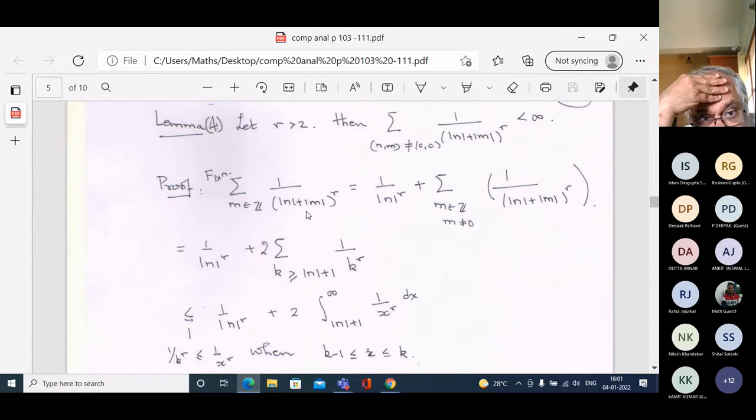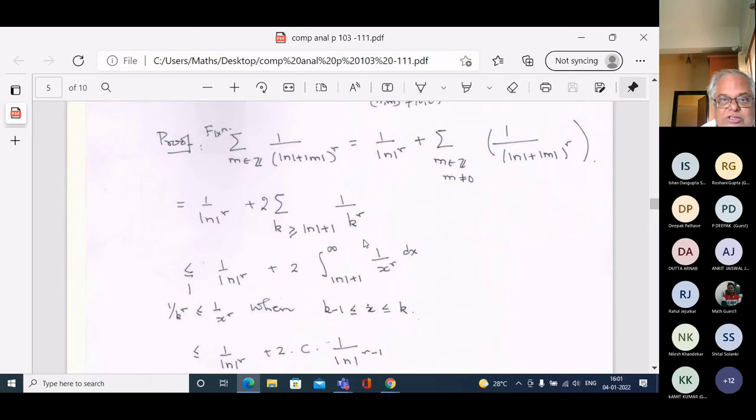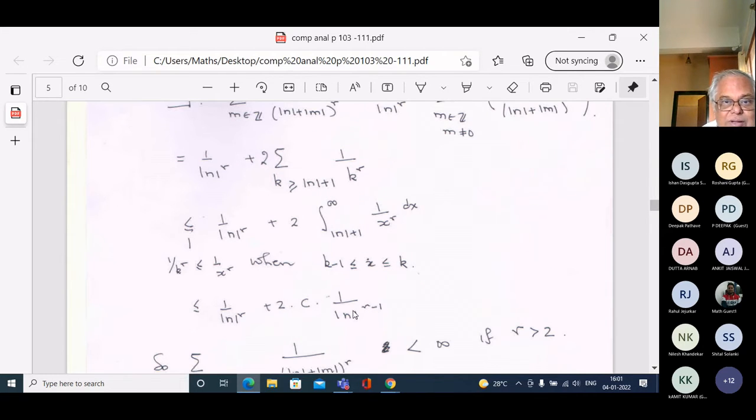When x increases, x to the r is increasing, so 1 over x to the r is decreasing; you don't have to worry about that too much. And this integral you can evaluate. The point here is that you get 1 over n to the r here, but when you integrate this part, you get 1 over n to the r minus 1. When you take the sum over all this, you want this to be convergent, and therefore you want r to be greater than 2.